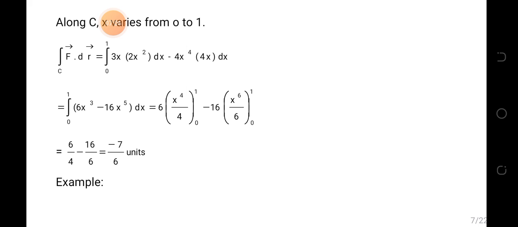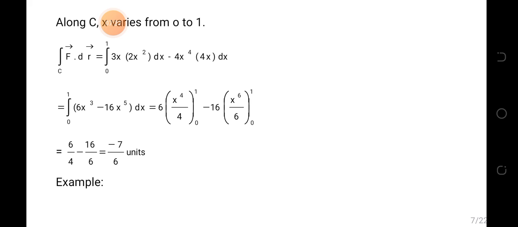So the integral over C of F vector dot dr vector equals the integral from 0 to 1 of 3x, wherever you have y, applying 2x square, and instead of dy we are applying dx. So you have to bring all the terms into a single variable, because it is a line integral, only one integral will be available here.